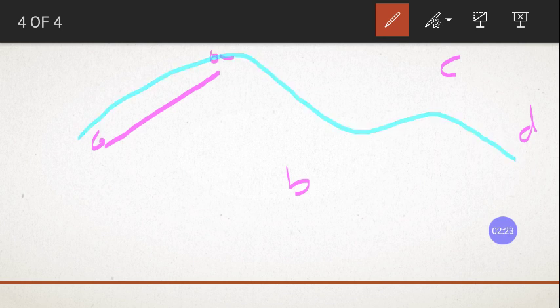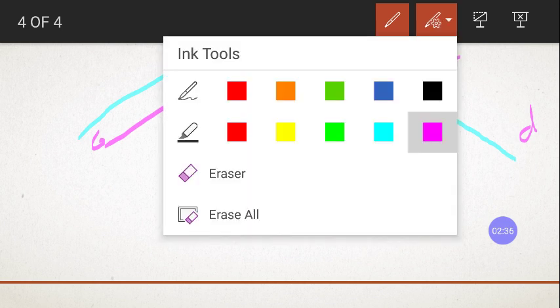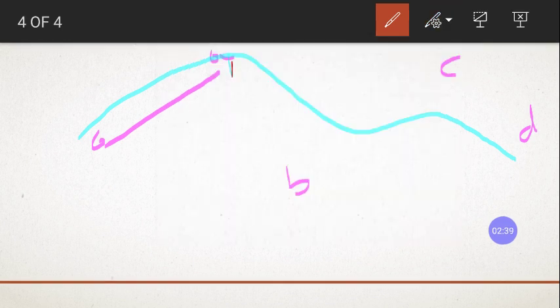So you will measure this distance, you are going to keep the staff here and bisect it.